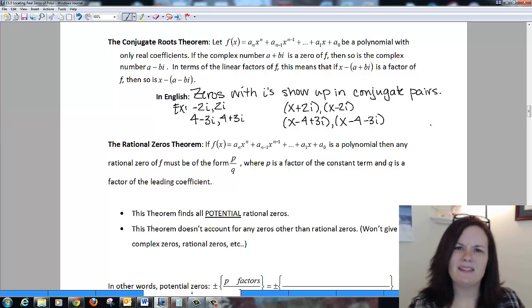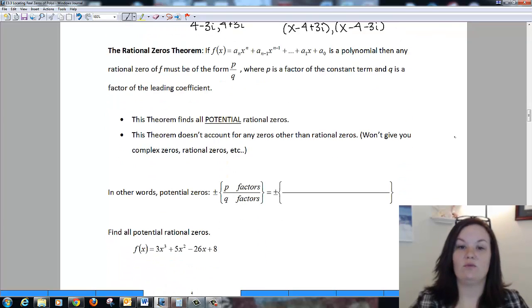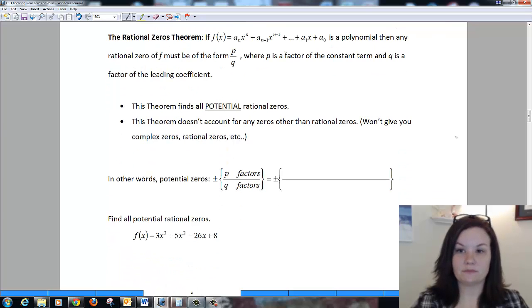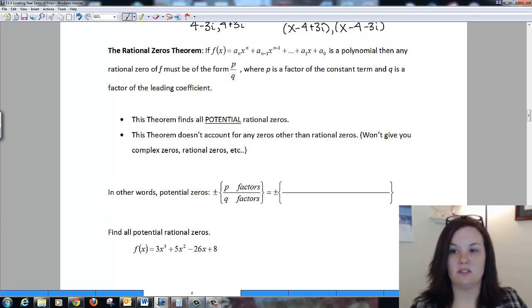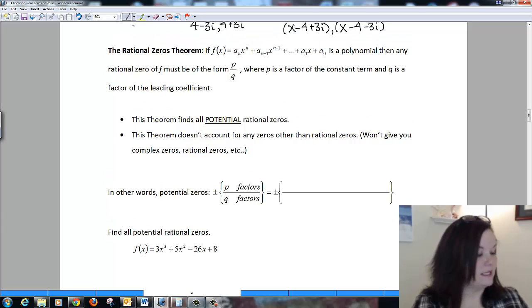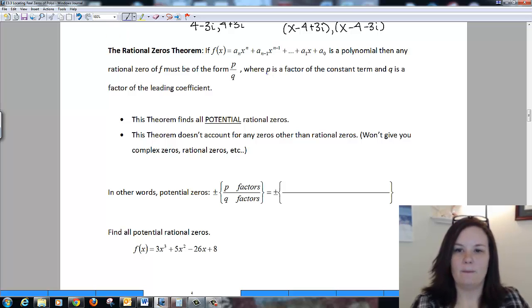All right, so keeping that in mind, now we want to look at the Rational Zero Theorem, which says if we have a polynomial function, where they wrote out our general polynomial, any rational zero of f, rational meaning it can be written as a fraction, must be of the form p over q, where p is a factor of the constant term and q is a factor of the leading coefficient. So I'm going to go ahead and just highlight this. p is a factor of the constant term.